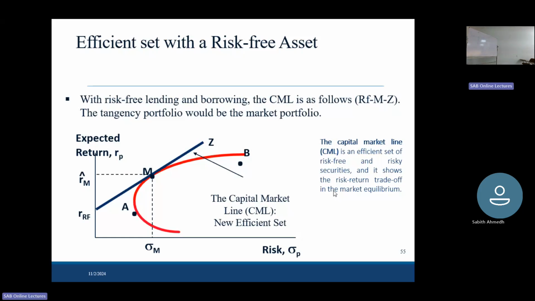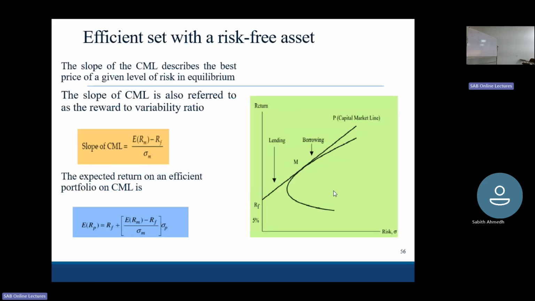If you are investing from RF to M, and you have a portfolio somewhere here, we call that a lending portfolio. I think it is there in the next slide. Portfolios from RF to M we call lending portfolios, because suppose you have 100,000 to invest.